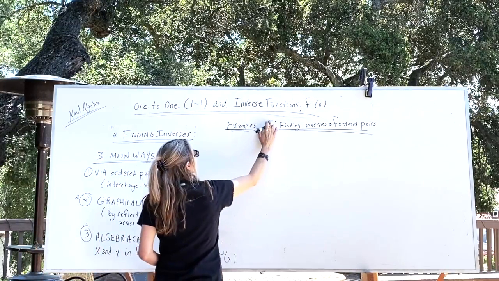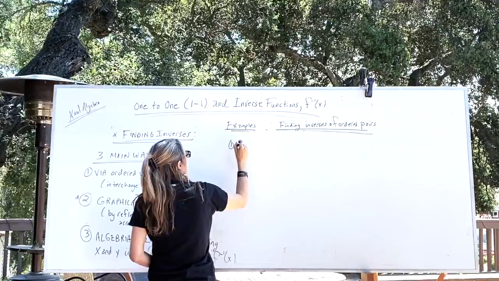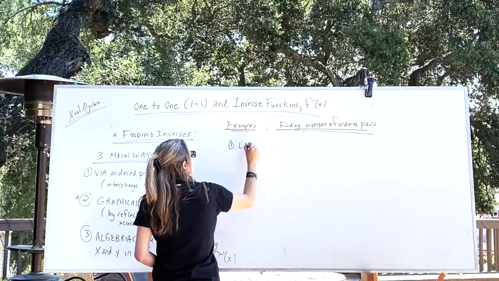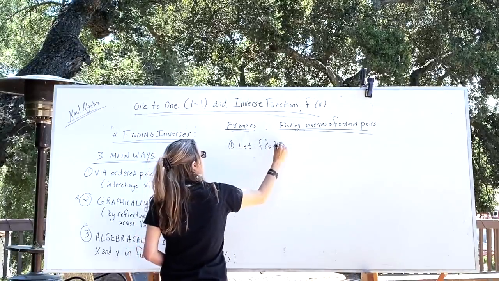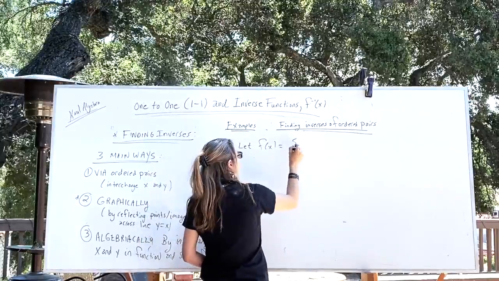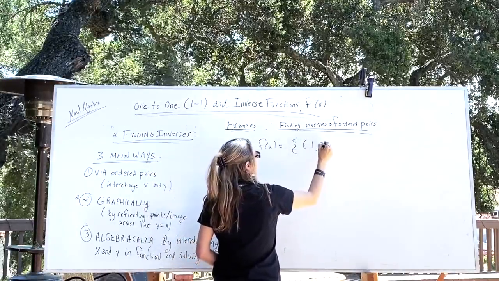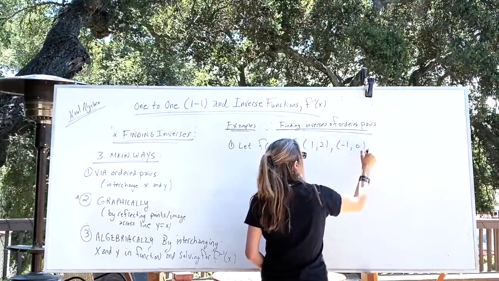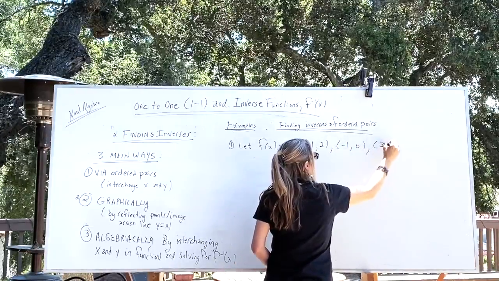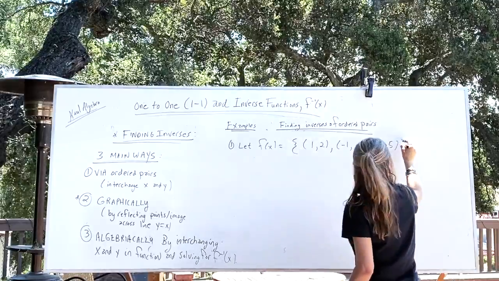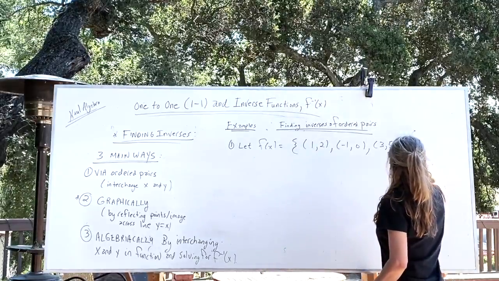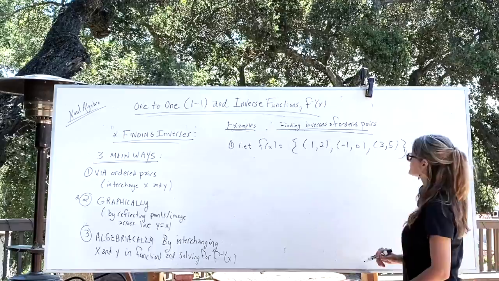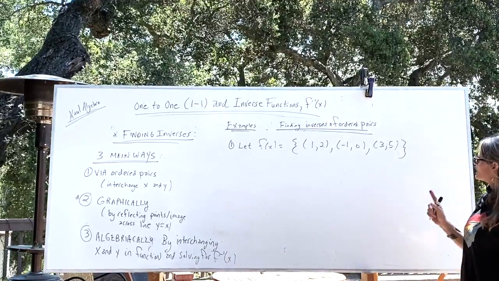So, number one, let f of x equal, so here I have a set of three ordered pairs.